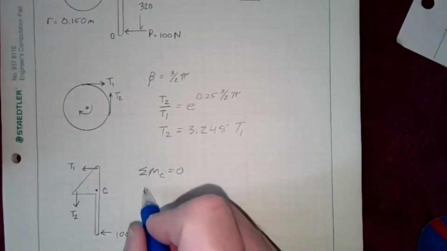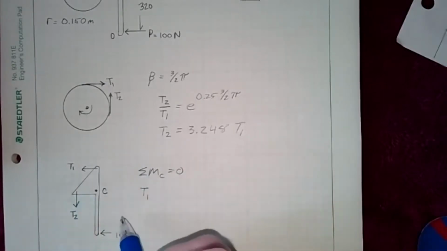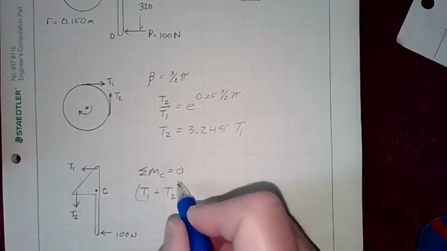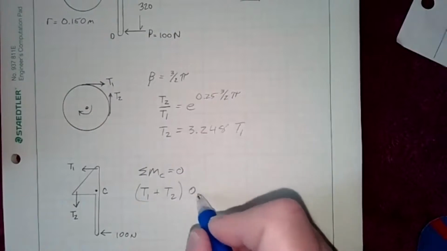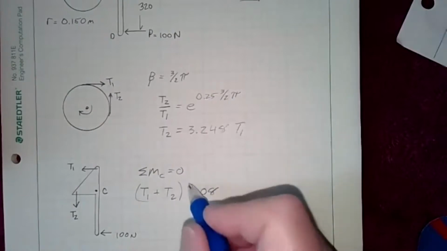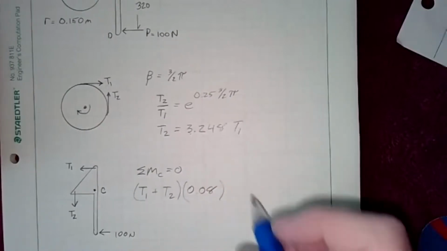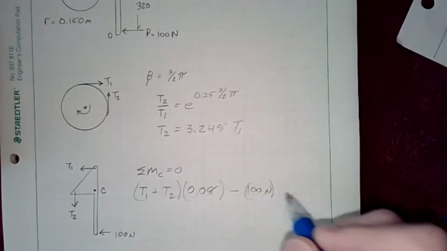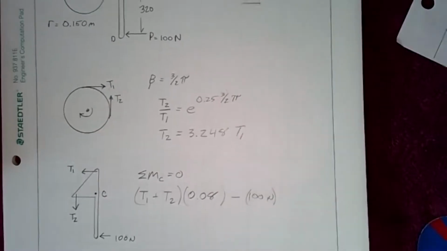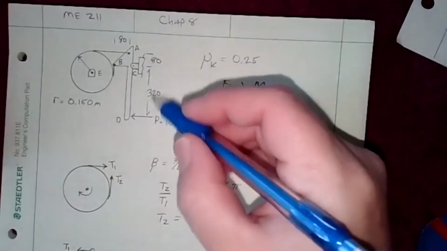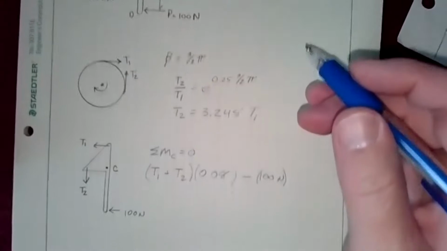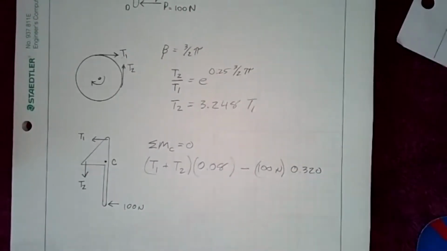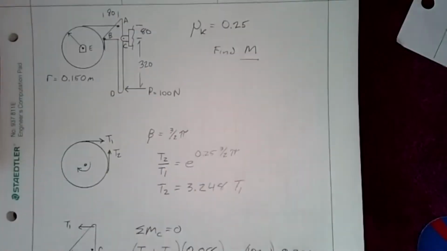We know T1 and T2 are both going in the same direction. So T1 plus T2 times 0.08, or 80 millimeters, and then that's minus 100 newtons times its distance of 320, or 0.320.